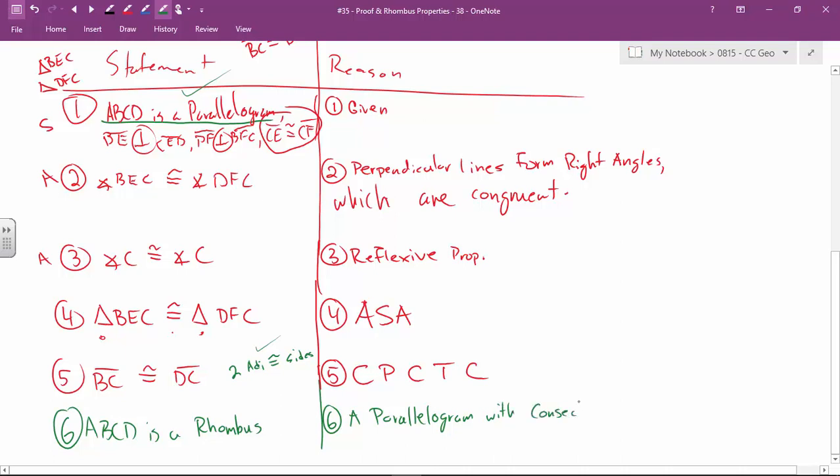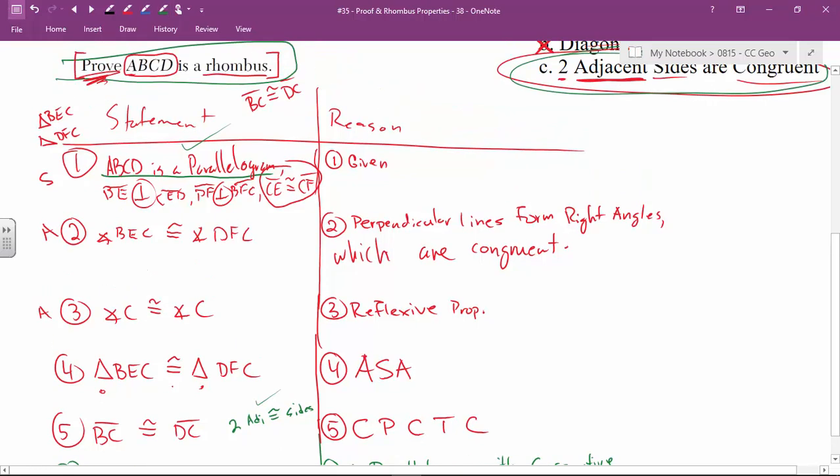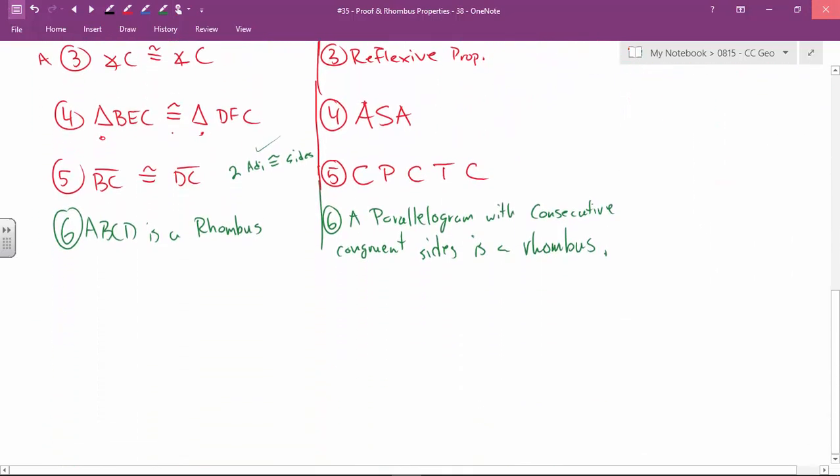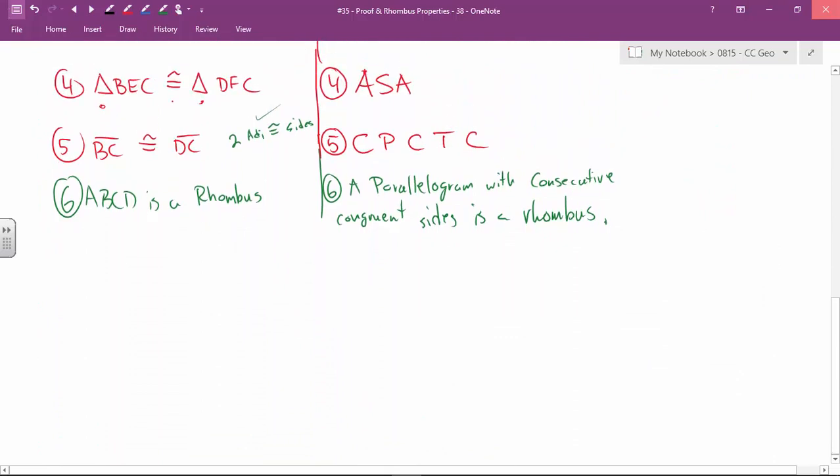I like to use that language, consecutive. It just means adjacent, one then the next. And that's it. We've proved it. We just invoked our definition, with consecutive sides that are congruent. You could have written it as a parallelogram with two adjacent congruent sides is a rhombus.